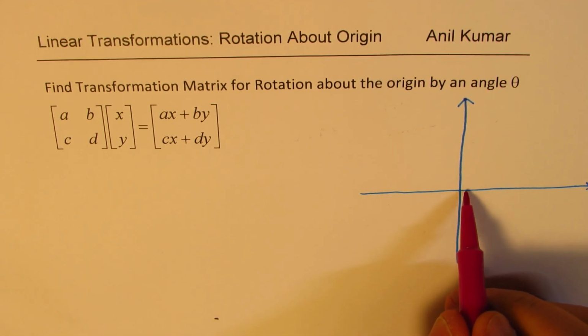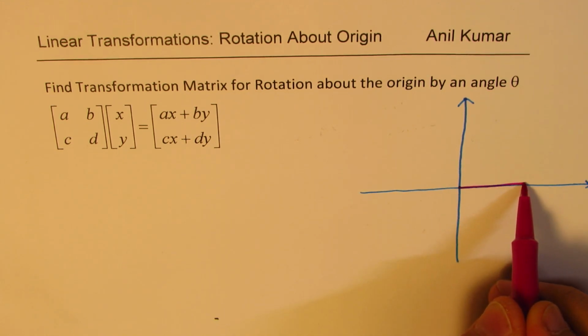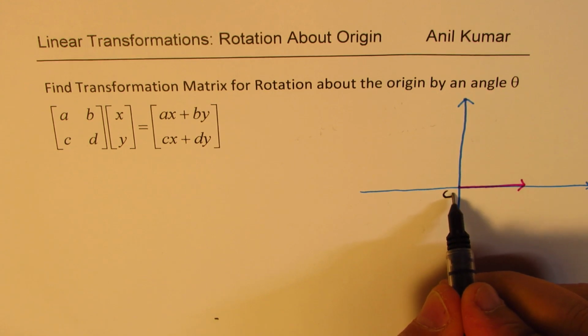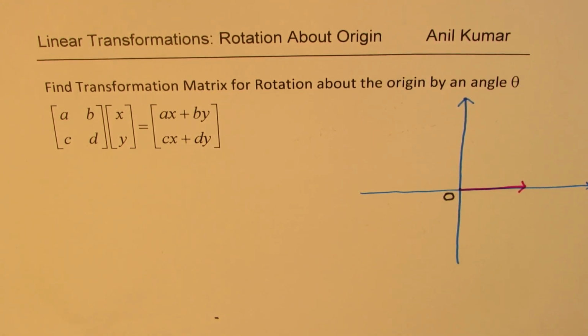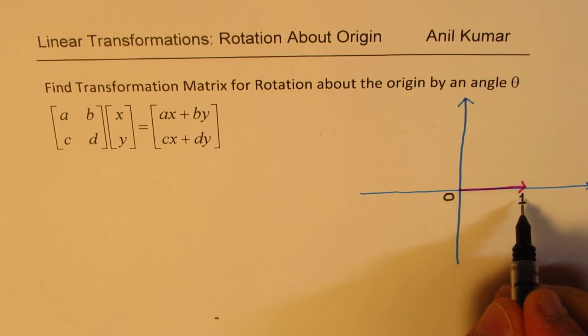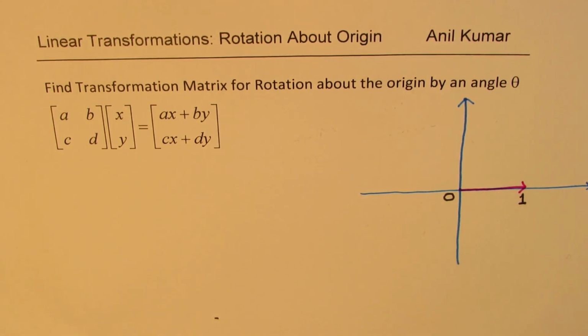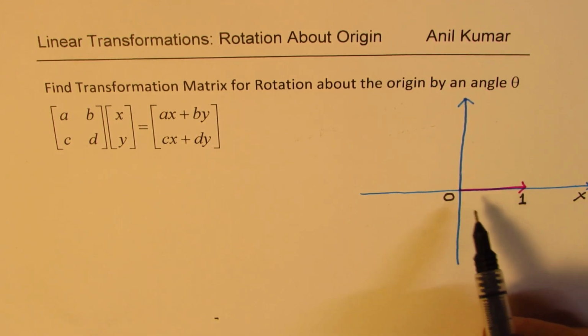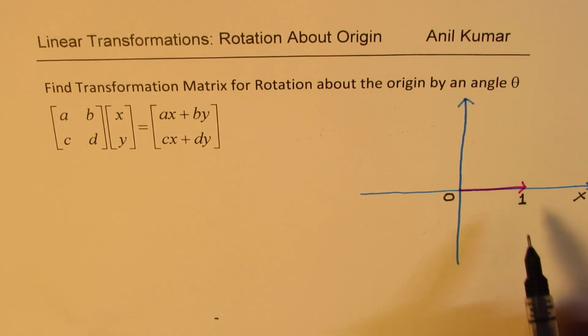So we look into only two components. One is a unit in the x direction. So we use the term vectors. For many students who are doing transformations it is a common term, but for some it could be tricky. So let me say that along the x direction we are taking something which has a magnitude of 1. Since it has a direction also, which is along the x-axis, we also call it a vector. And magnitude is 1, so I'm calling this a unit vector.